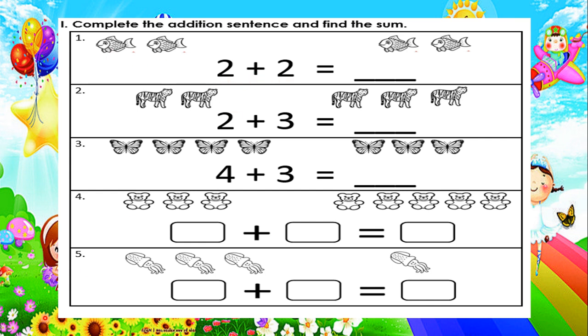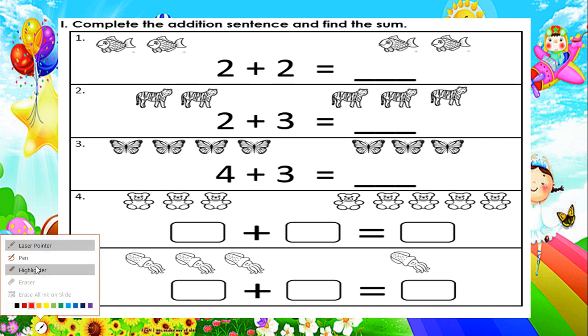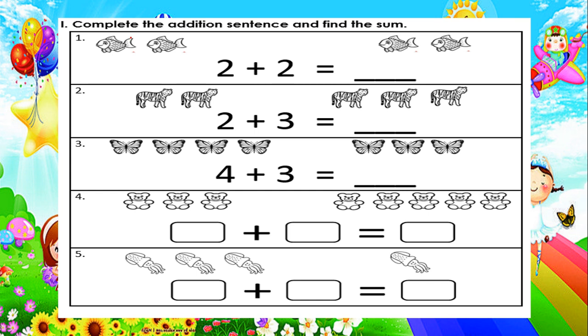All right, so first, you have here 2. You have here 2 fish. 1, 2, 2 here, plus another 2, 1, 2.